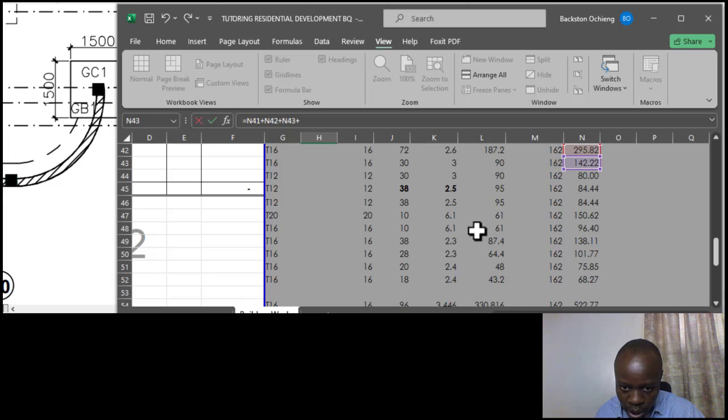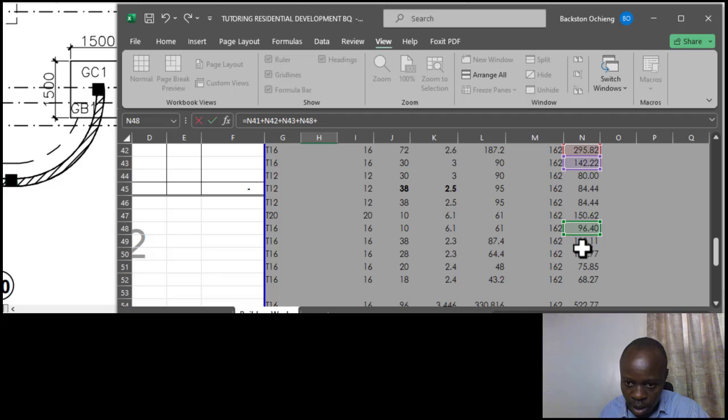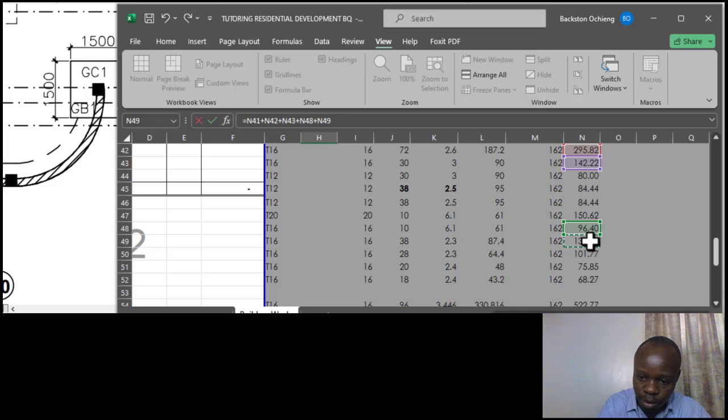Then the next slot for T16 is here, then we have that one, then we have that one, so all the way, no, that's a repetition, yes, that one, that is 51, then we have that one.